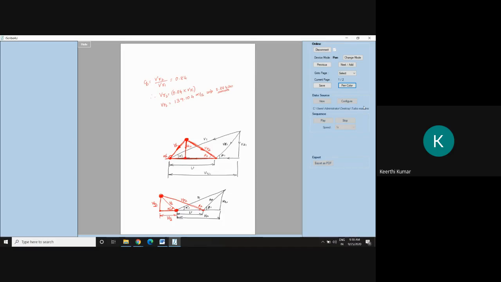The distance between alpha and VA is called VU2. In this figure it went inside, that's all. The value of VU2 went inside the triangle compared to the previous problem.